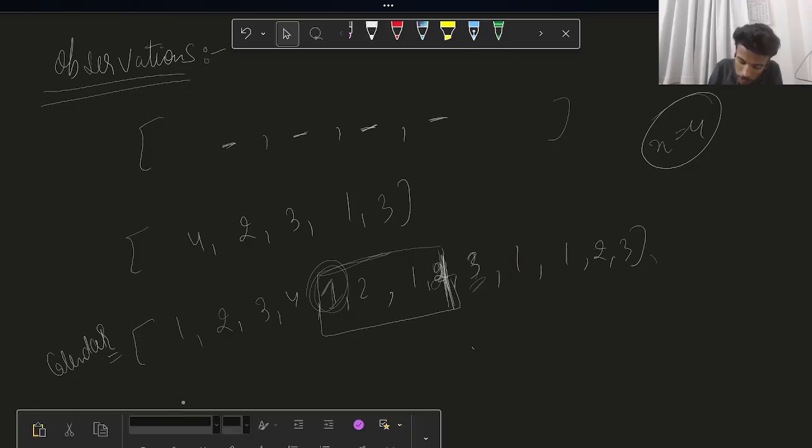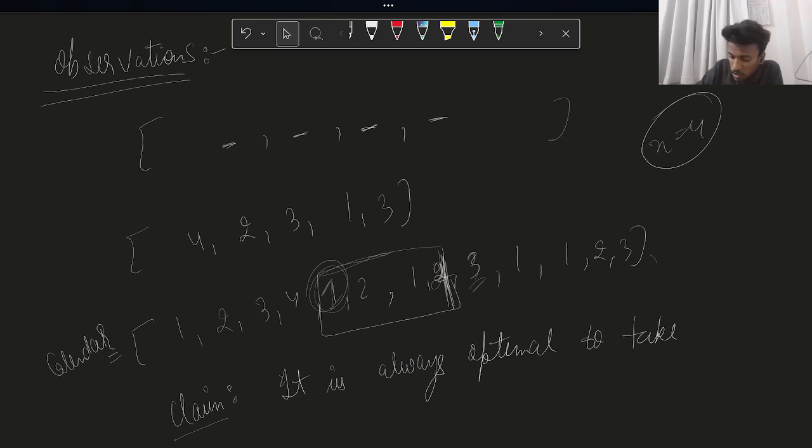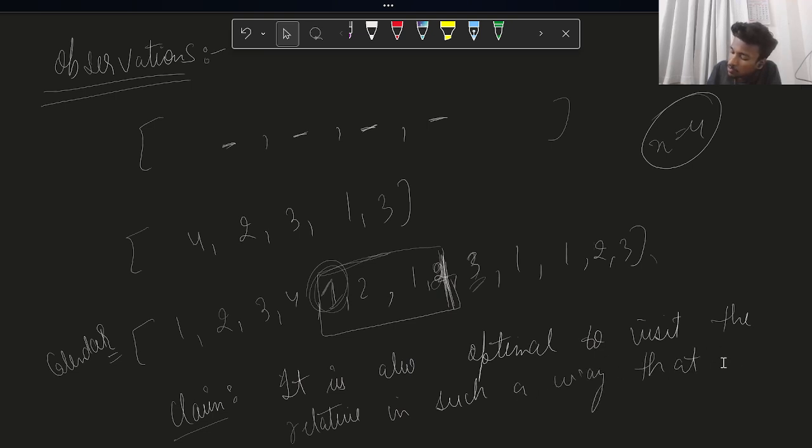What is my claim? My claim is that it is always optimal to visit the relative in such a way that when we leave, we are on an ending date of some other month.